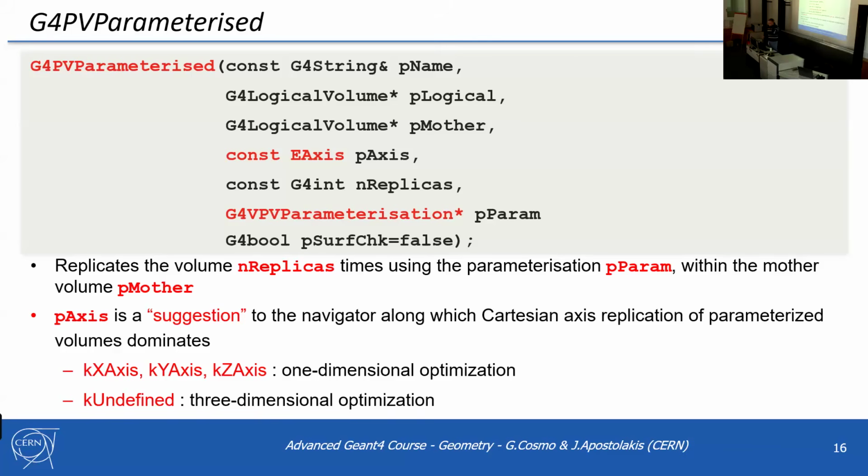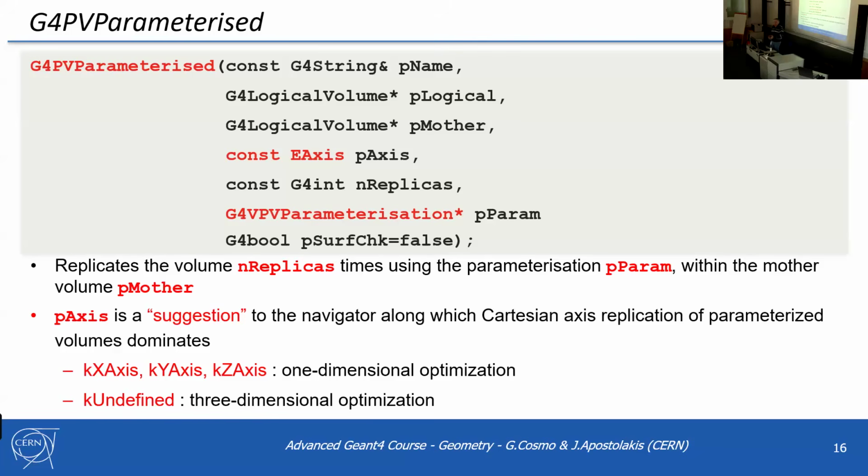So you have then the number of replicas, which is the number of times that you want to parameterise, and then the pointer to the parameterisation algorithm, the one that defines your parameterisation. There is then an optional argument, a Boolean flag, that if you set it on, will enable the overlaps check at the time you create the parameterisation.